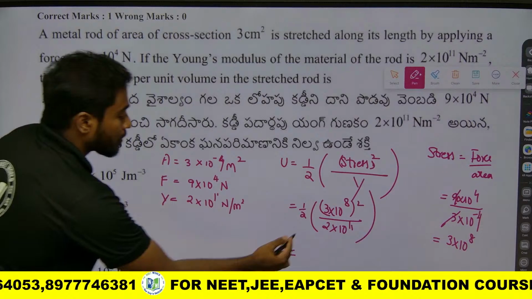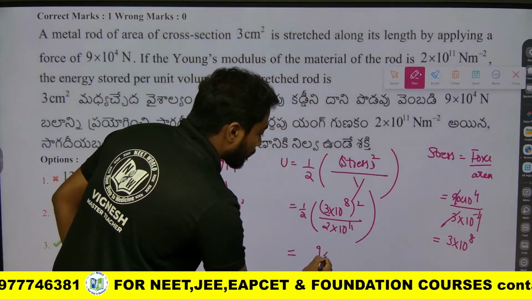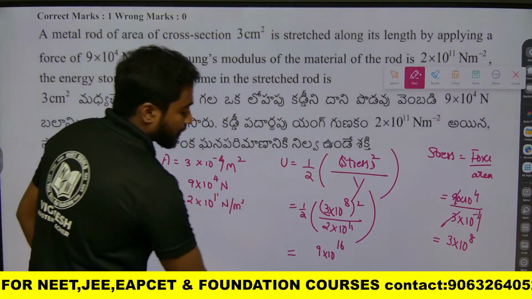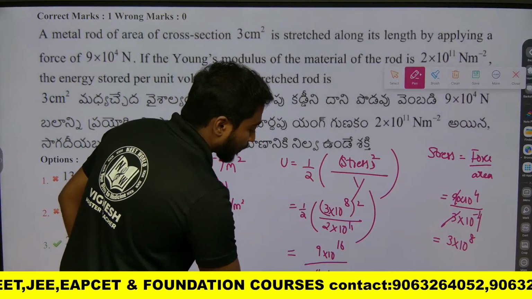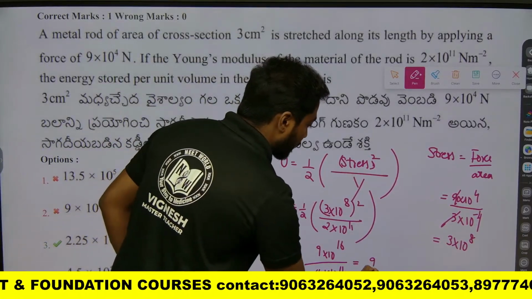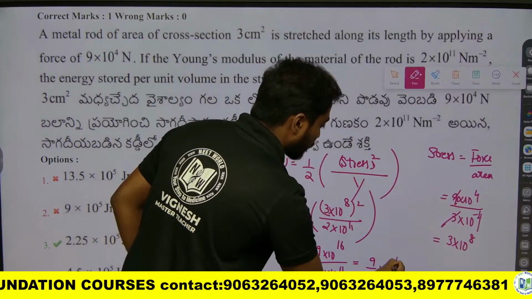So this will be 9 into 10 power 16 divided by 4 into 10 power 11. So I can say that it is 9 by 4 into 10 power 5.